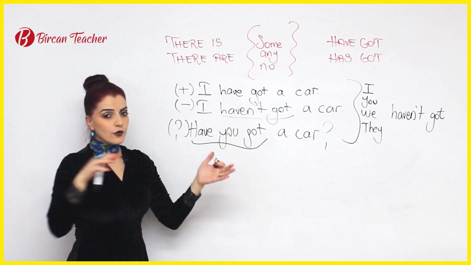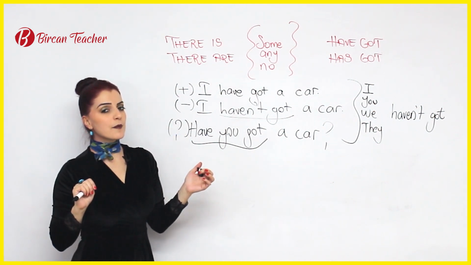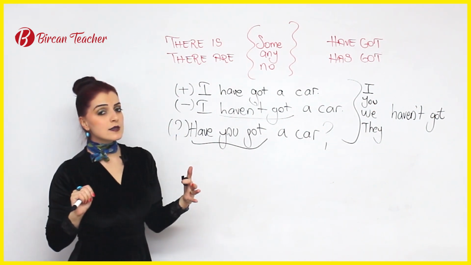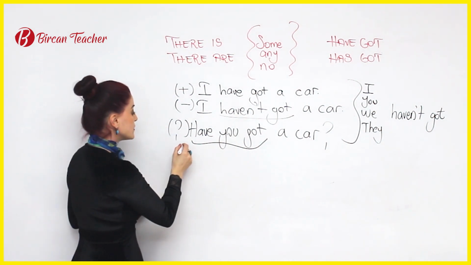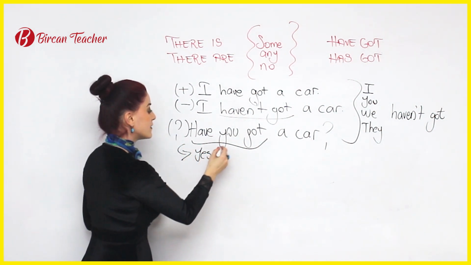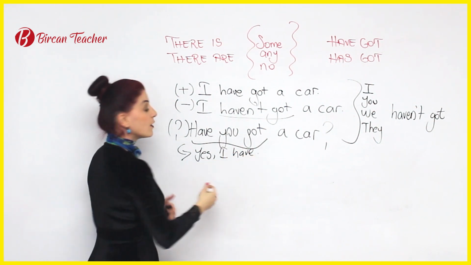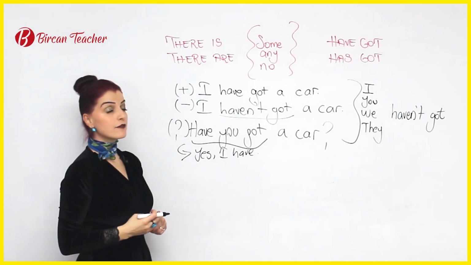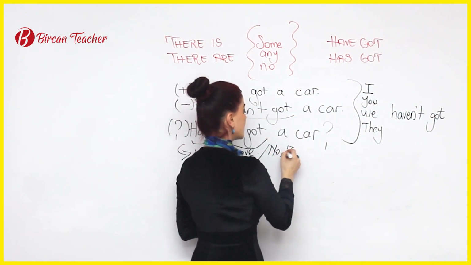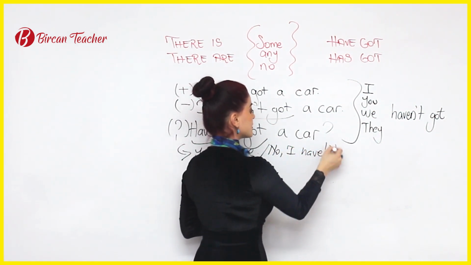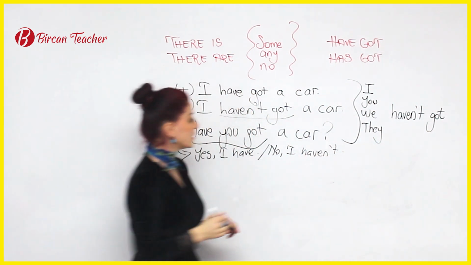Or you go to school by bus, by minibus, by train, or have you got a car? You say, yes, I have. This is the short form. Or you say, unfortunately, no, I haven't.